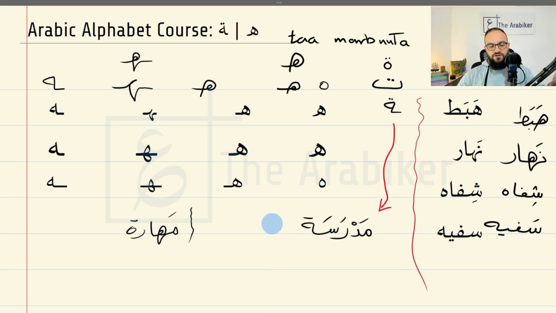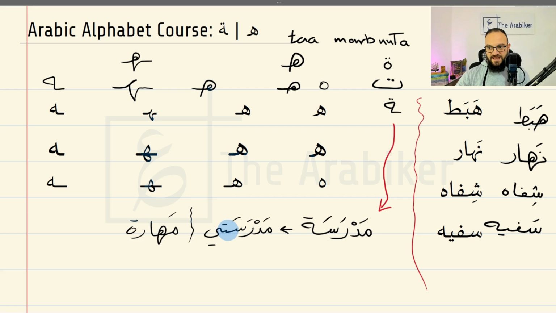I know that we didn't cover the possessive pronouns, we will cover it in a different course, but to say my school in Arabic, we just add a suffix to the word. Let's see how it looks and how it sounds. This is how it looks.